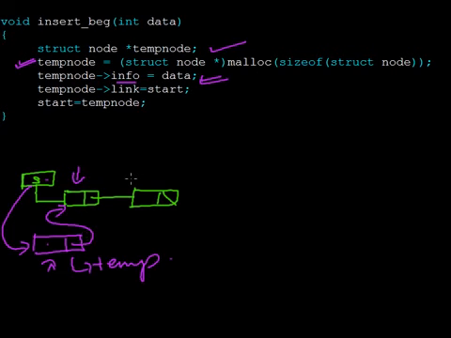Then the link part is overwritten by the value of start, meaning this link will start pointing to the first node. And at last the address of the temp node is copied to this start pointer. Very simple.